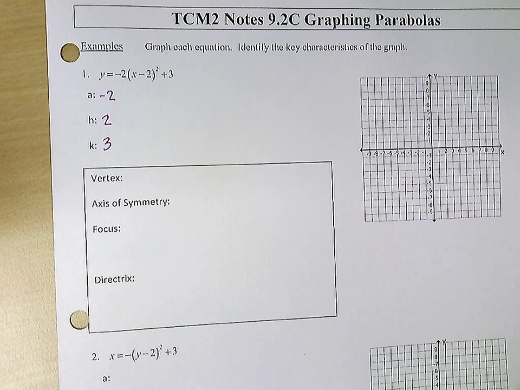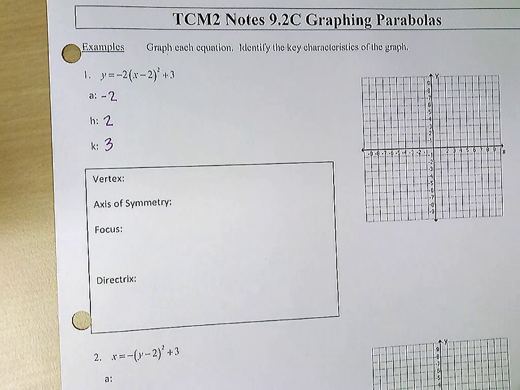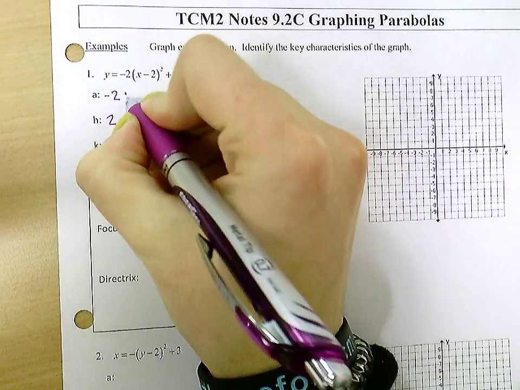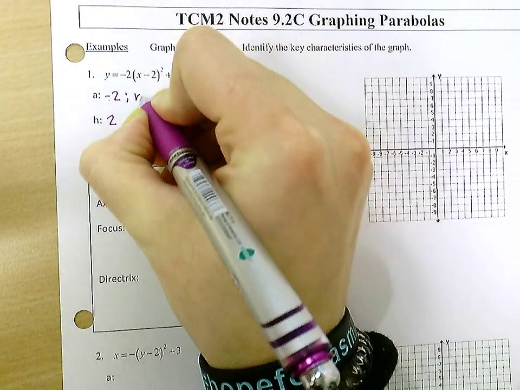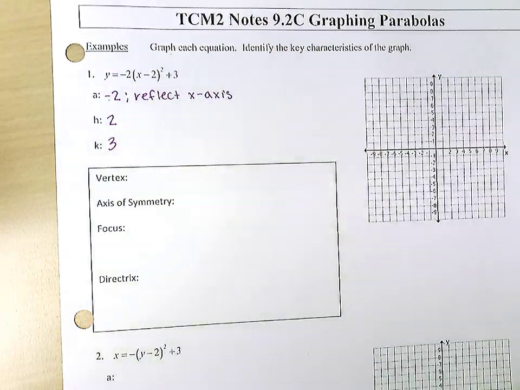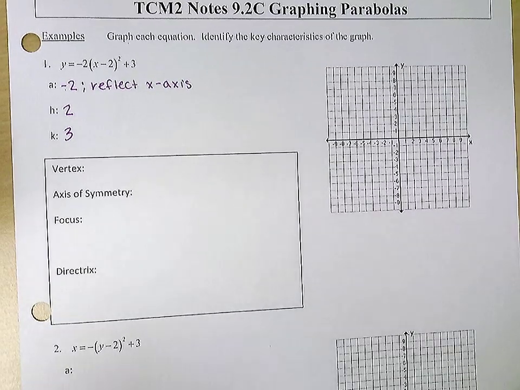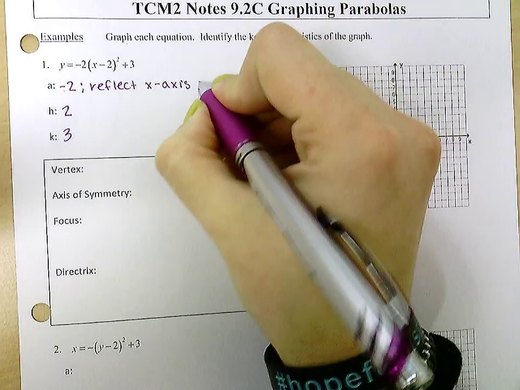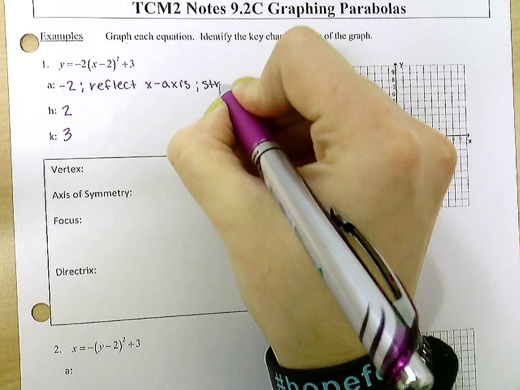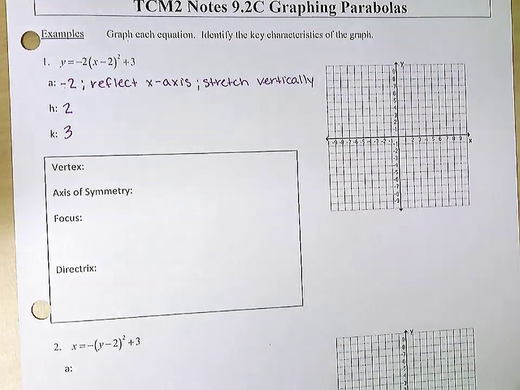Now that A value, since it is negative, is going to reflect your graph in the x-axis. You're also going to stretch vertically by 2, so it's going to get longer than your parent graph.